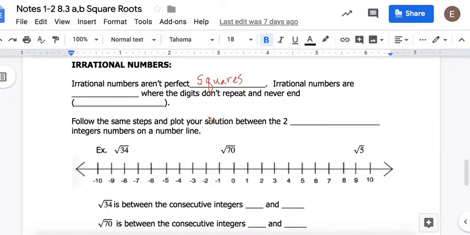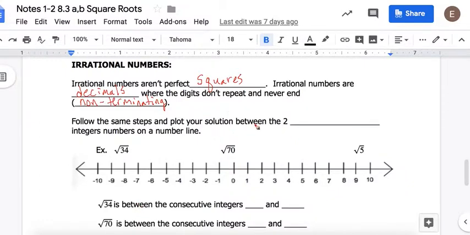Okay, irrational numbers are decimals where the digits don't repeat and never end. So these are called non-terminating, meaning they never stop. Terminate means to stop, so if they're non-terminating, they never stop.